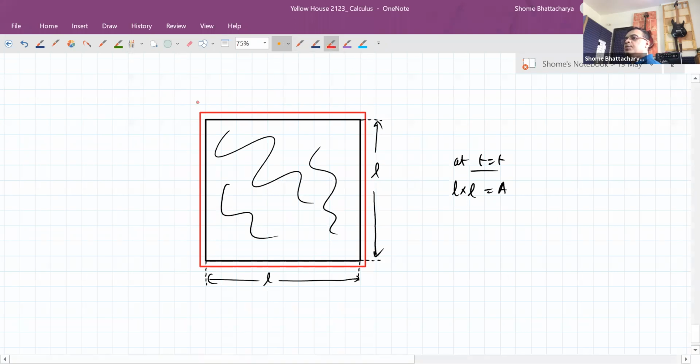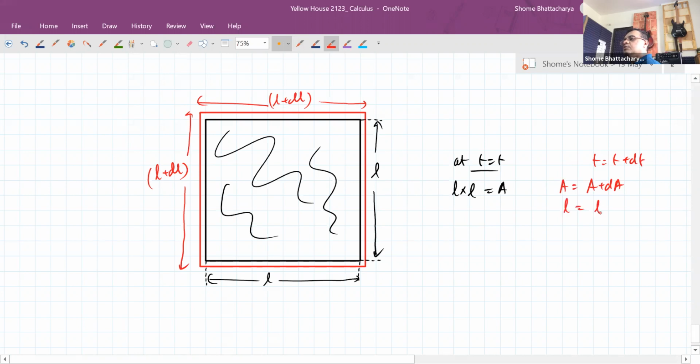So now it's increased to L plus dL. So at t equal to t plus dt, area has become A plus dA, because length has become L plus dL. So this new value of area, you can see, whereas the original value of area was L square.